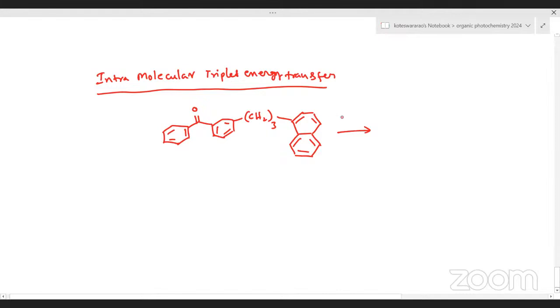It is irradiated with the light. What's happening? The first, up to the benzophenone fragment, gets excited. Intersystem crossing also happens at the same step.